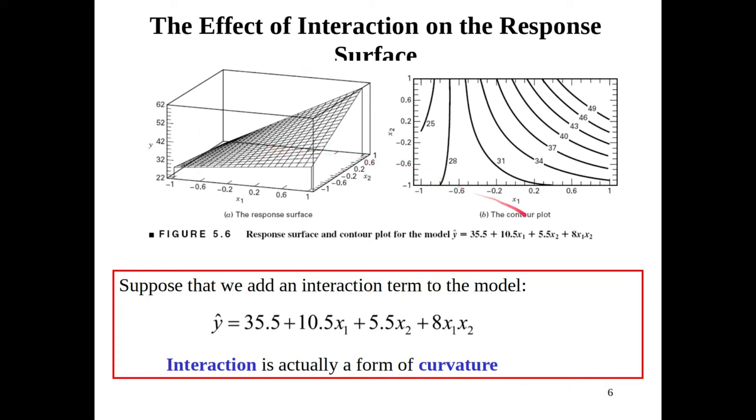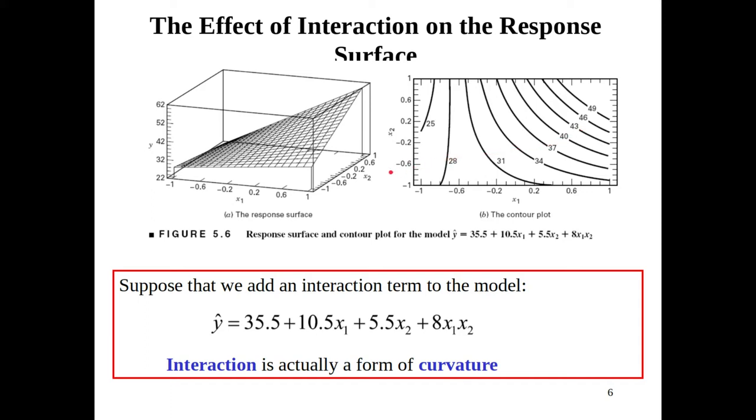And if we look at the contour plots, x1 versus x2 or A versus B, those are not straight lines anymore. Those are actually curved contour lines. Basically, that plot is how this plane will look looking from the top, right? So those are curved lines. That's an indication of curvature, and curvature is always an indication of interaction.